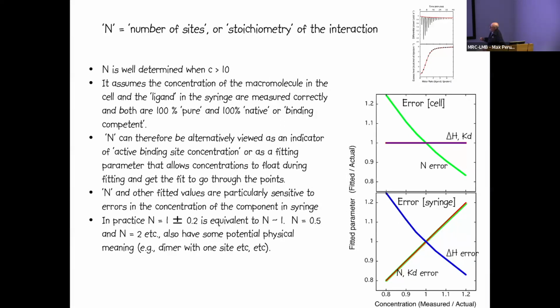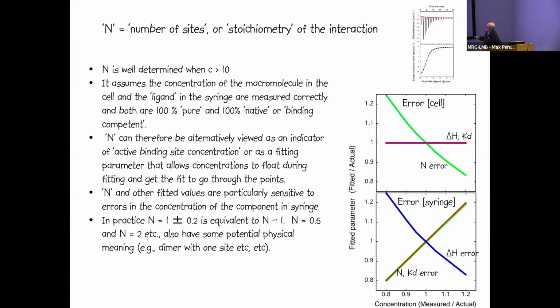So the stoichiometry can also be viewed as an indicator of active binding site concentrations, meaning that if you get an N value less than 1, say 0.8, then it's telling you 20% of your material was dead and couldn't participate in the interaction.